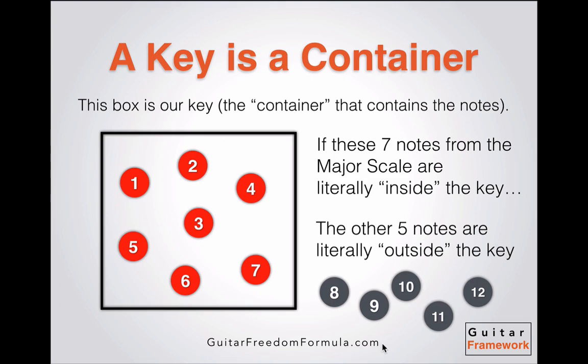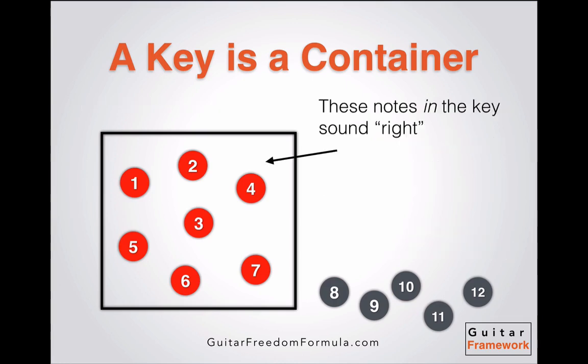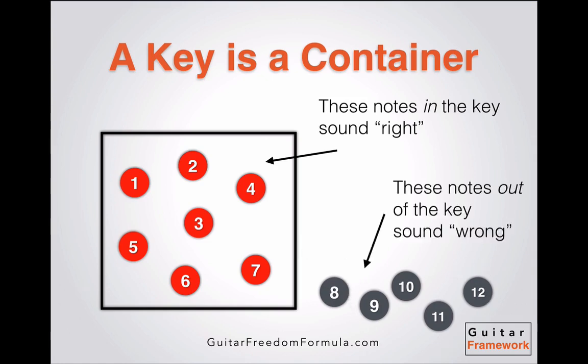So now we have something to actually relate to for what a key is, instead of it being some kind of abstract example that we can't really think about. So again, the notes that are inside the key tend to sound right, or they tend to sound good. And the notes that are outside of the key tend to sound wrong. That's how we hear them anyway.